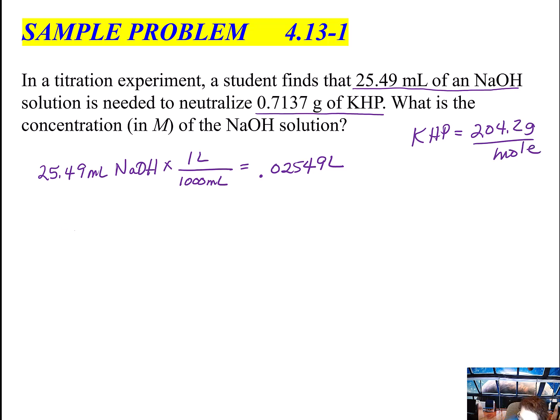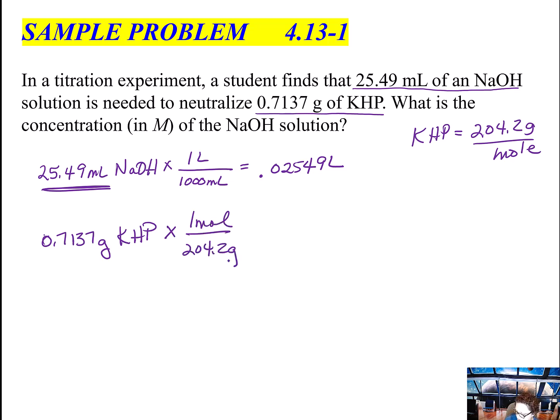So I have, and I'm going to use this later, 0.7137 grams of KHP times 1 mole over 204.2 grams of KHP. And the molar ratio, I told you it's monoprotic, so it's going to be a 1-to-1 ratio.